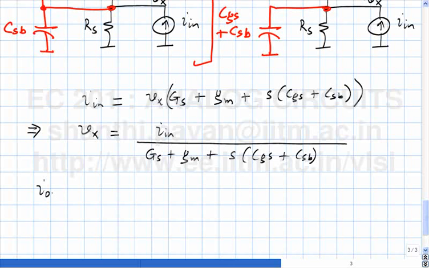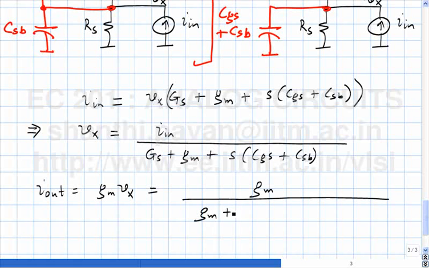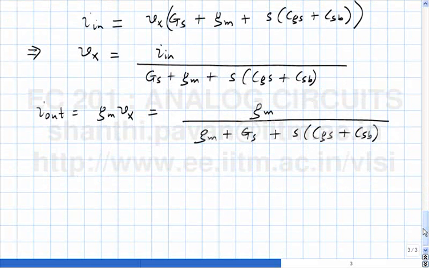and I out is nothing but GmVx, which is Gm by Gm plus Gs plus S times CGS plus CSB, into I in. You understand?